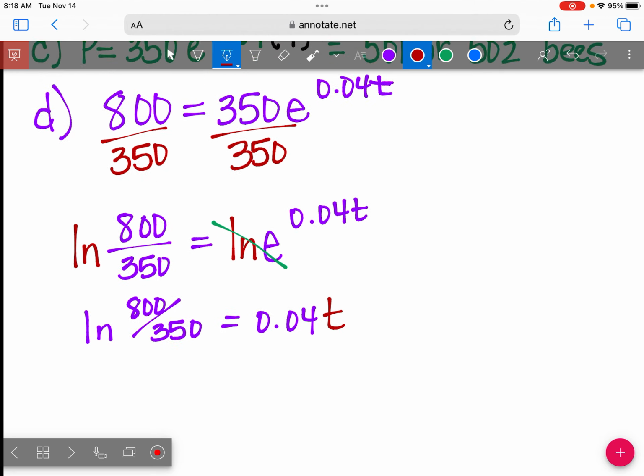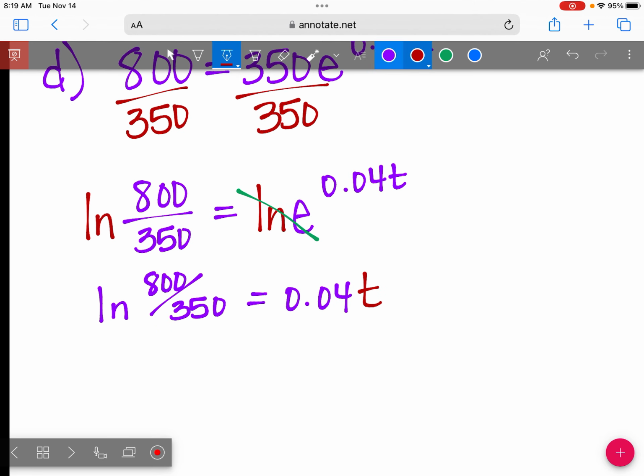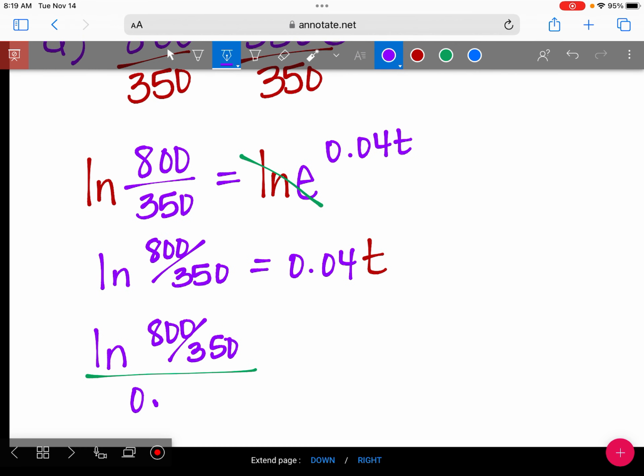So in your calculator, I want you to type in the natural log of 800 over 350 divided by 0.04.